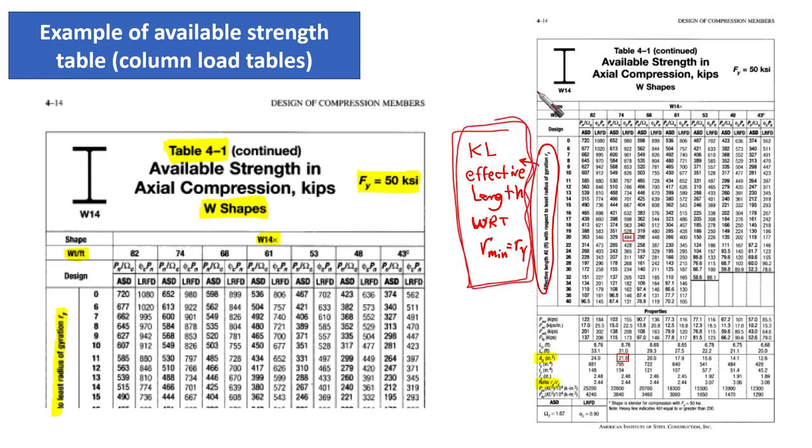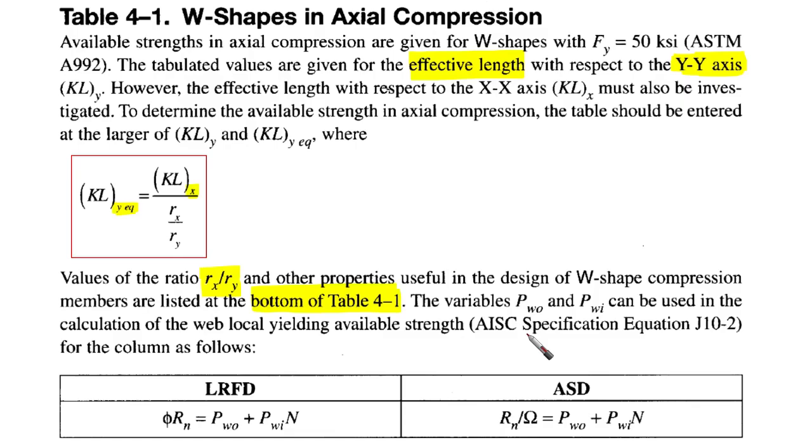If we are checking around XX, for example, some people enter the table with Rx, which is not right in this case. We need to calculate an equivalent radius of gyration in order to enter this table.